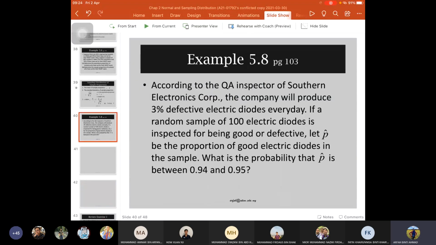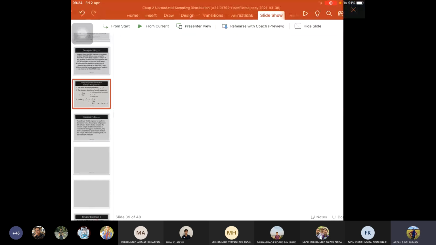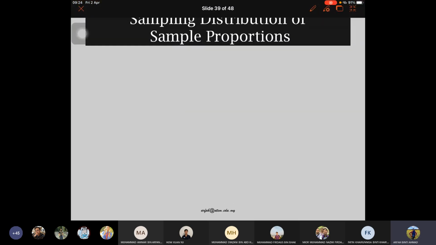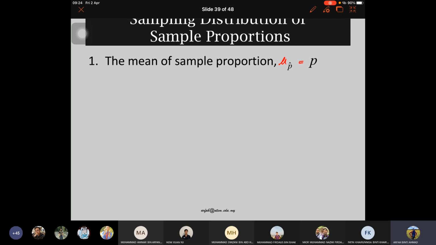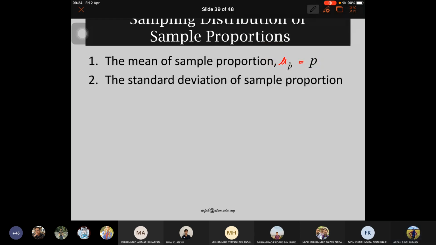Okay, this one. Sampling distribution for sample proportion. From here, the mean of the sample proportion, mu p hat, equals the population proportion, equal to p.